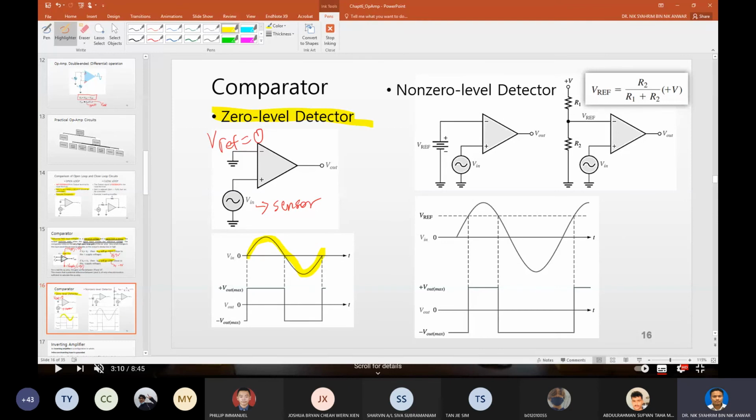What happens is that the V difference will then be V in minus 0. In this case, the V difference is positive, and in this case, the V difference is negative. A positive value multiplied by a very high gain, immediately you will hit the positive saturation value of the maximum, for example 9 volt, and in the negative part immediately you will get this.